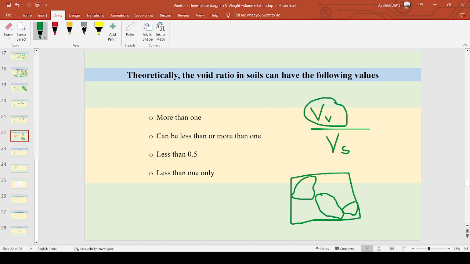Yes, sir. In this domain, the volume of void is more, right? So it is up to us how we define the space and geometry of the sample. So volume of voids can be more than the volume of soil solids at times.